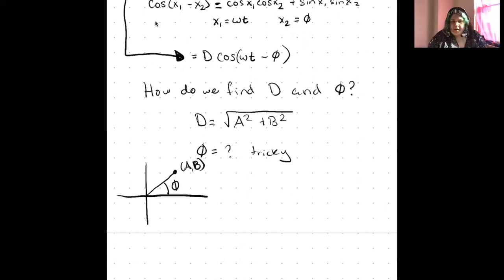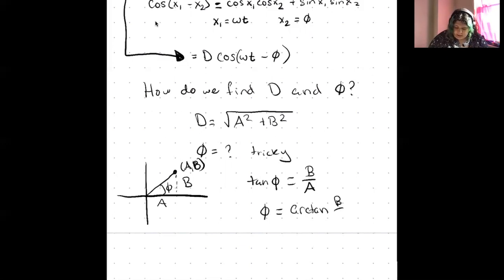So if I think about this triangle and think about SOHCAHTOA, we can see that the tangent of phi is going to be opposite, which is B, over adjacent, which is A. So B over A. And that means that phi is arctan B over A. And that doesn't seem so tricky right now.